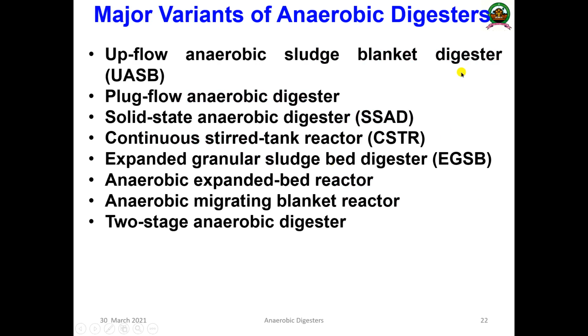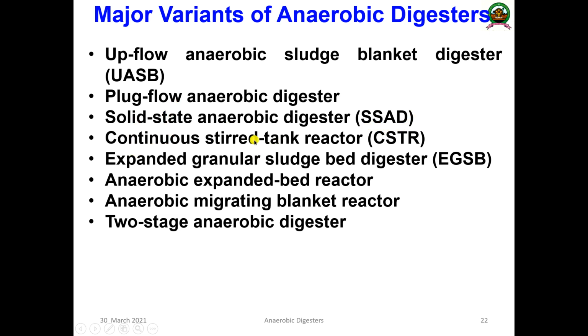Then what are the major variants of anaerobic digesters? There are so many variants of anaerobic digesters. These are some important topics; when you are going for higher studies, you may study in detail. Upflow anaerobic sludge blanket digester or UASB digester, a plug flow anaerobic digester, then solid state anaerobic digester or SSAD.